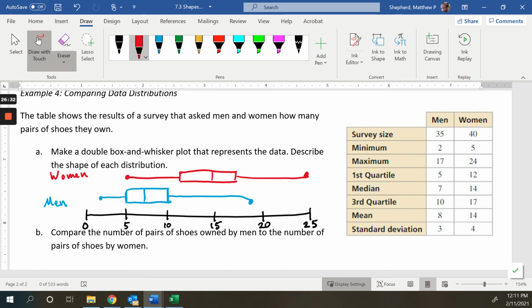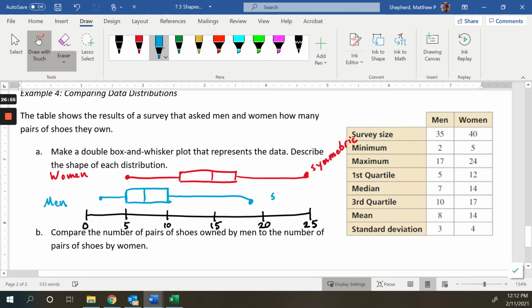All right, so now let's describe these shapes. Both of the whiskers on the women's chart look around the same size, so I'm going to say that looks to be symmetric. Whereas on the men's side, the upper whisker, the upper 25%, appears to be far larger than the left, so this seems to be skewed to the right.